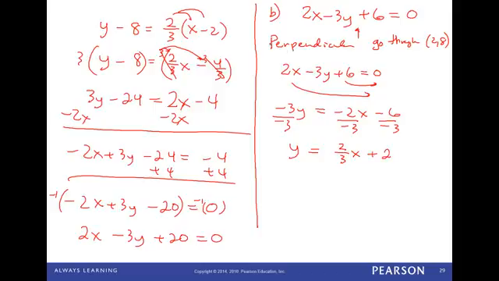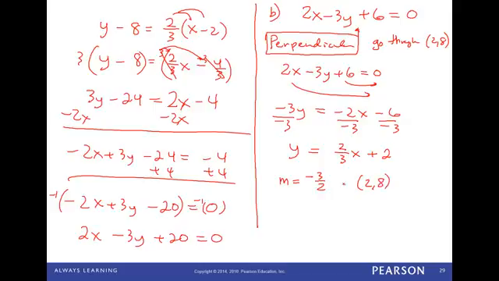And so now what I want is the perpendicular slope, not the parallel slope. The slope of this line is 2/3. Again, opposite reciprocal. So the slope that I want is the negative reciprocal, -3 over 2. And then again, it has to go through the point 2, 8.